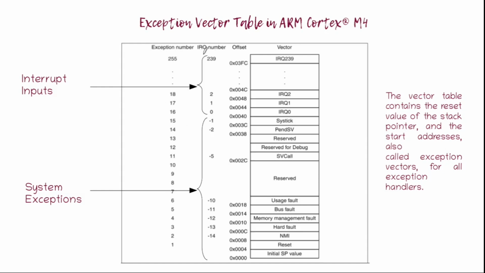When it's the IRQ number, for the system exceptions, it starts from a negative number. So the IRQ number is -14. The IRQ number is with respect to the interrupts, that is the peripherals and the pins. So the first interrupt is taken as 0, and the rest of the system exceptions go in the negative direction.